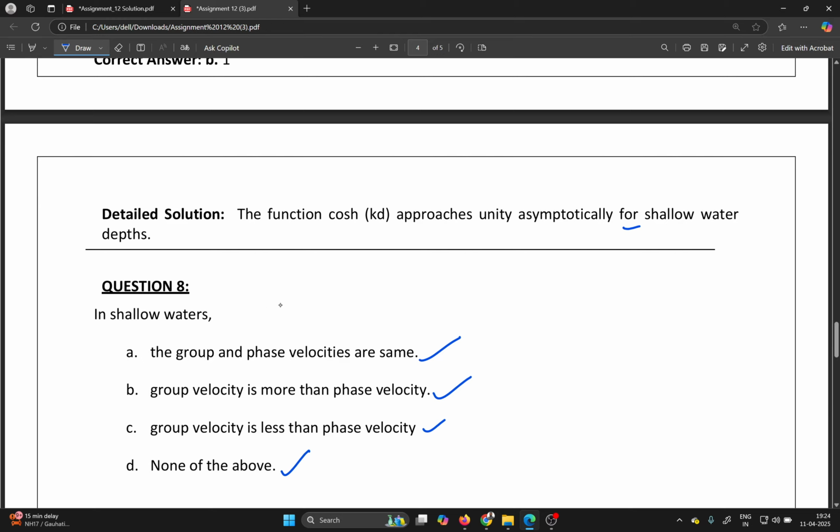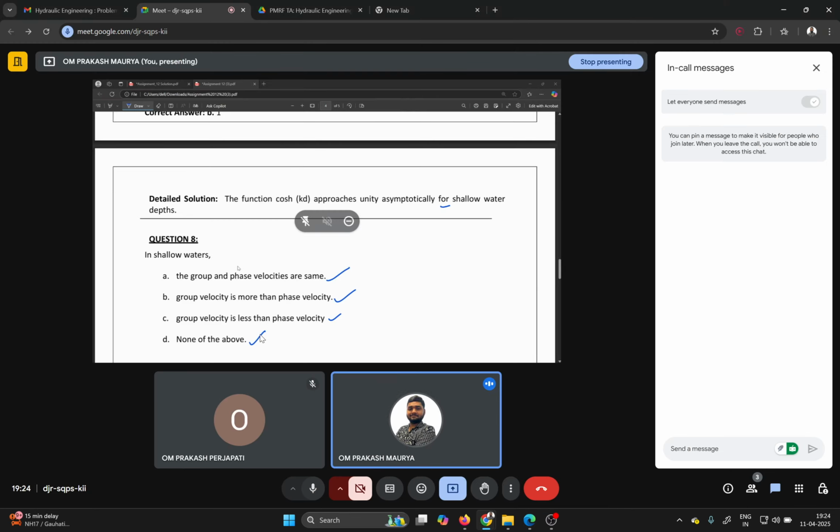In shallow waters, the group and phase velocity are the same; the group velocity is more than phase velocity; the group velocity is less than phase velocity; none of the above. Which option will be correct for question number 8? You can write your answer in the chat box, please. I'll wait 2 to 3 minutes. Please try to write your answer in the chat box.